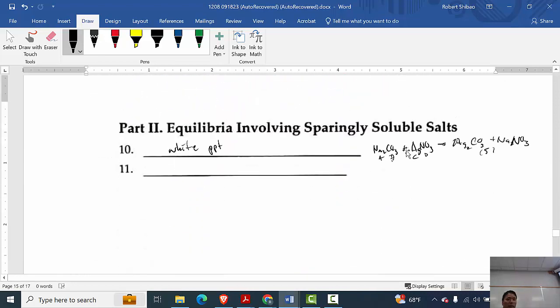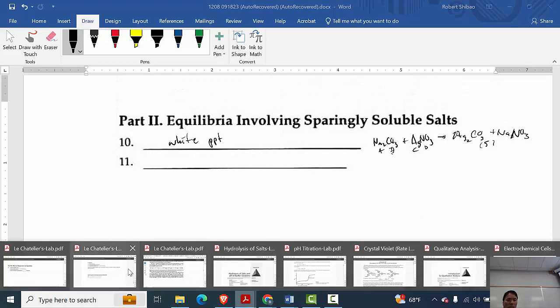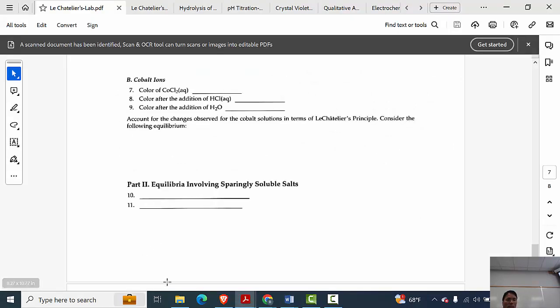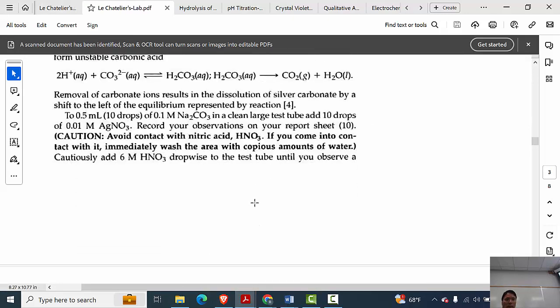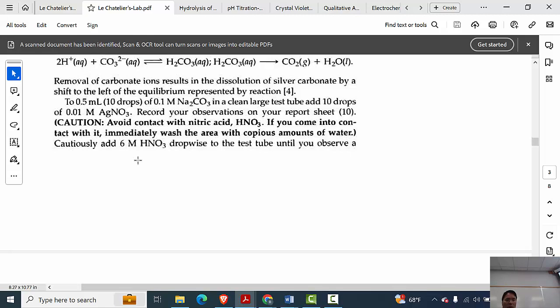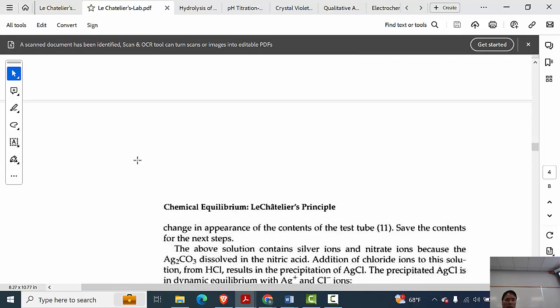Let's take a look at number 11. Okay. Cautiously add 6 molar HNO3 dropwise to the test tube until you observe a change in appearance of the contents.